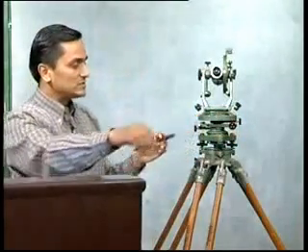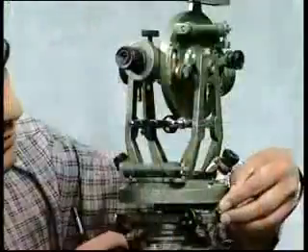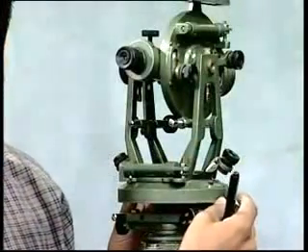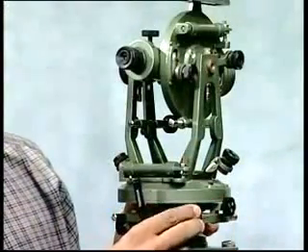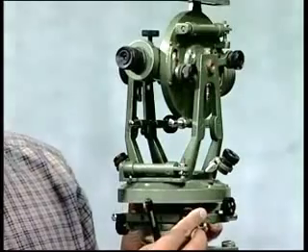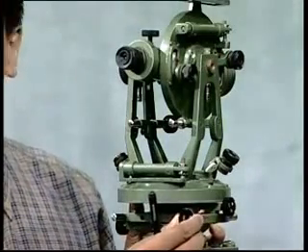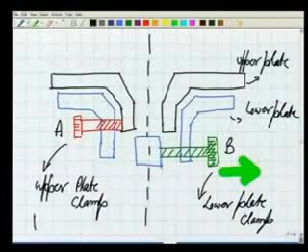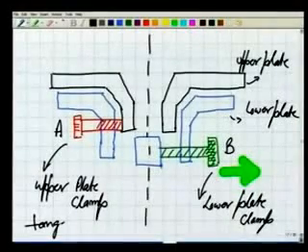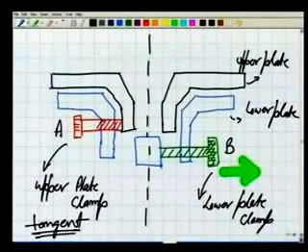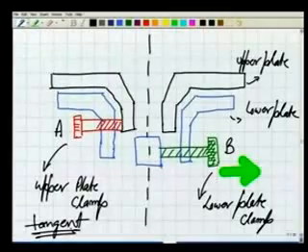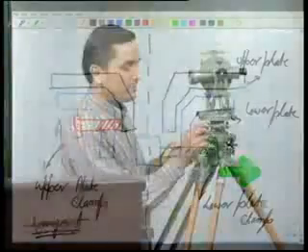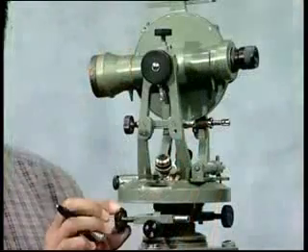Now along with these clamp screws, for example, we saw this is the upper clamp. We have one more screw here. This is called the upper tangent screw. Similarly, for the bottom plate also, bottom clamp, bottom tangent screw.